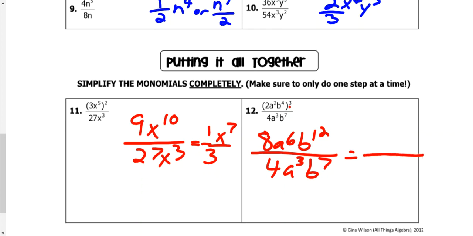So 8 divided by 4 gives us a 2. a to the 3rd, when we do a to the 6th divided by a to the 3rd, because we subtract. And b to the 12th divided by b to the 7th, subtract those exponents, that gives us b to the 5th.